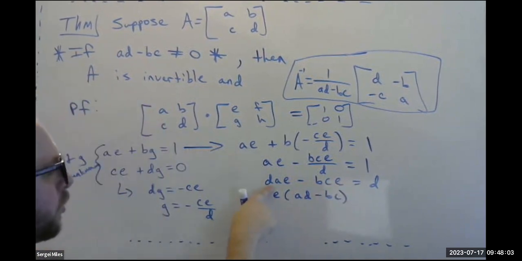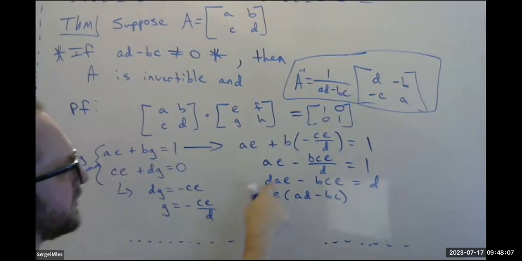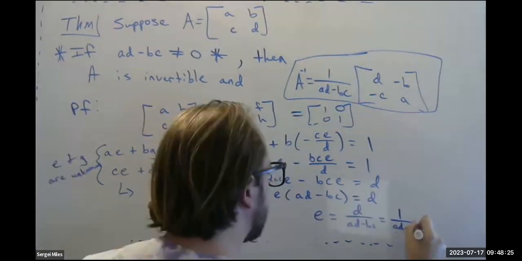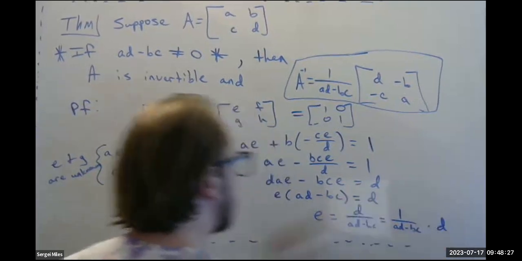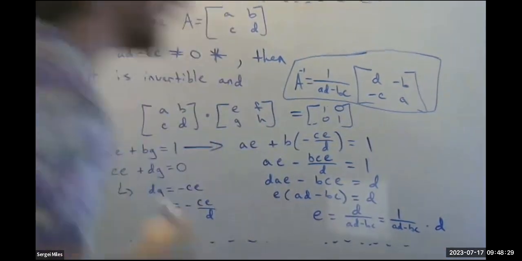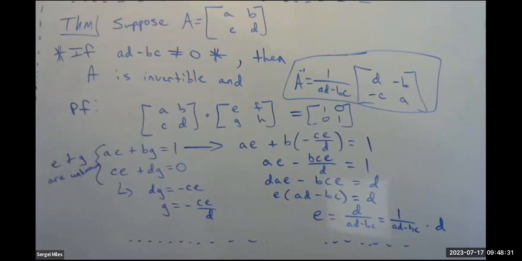I'm just rewriting the order here. Then E equals D divided by AD minus BC. Or in other words, I can pull off that fraction and I get 1 over AD minus BC times D.